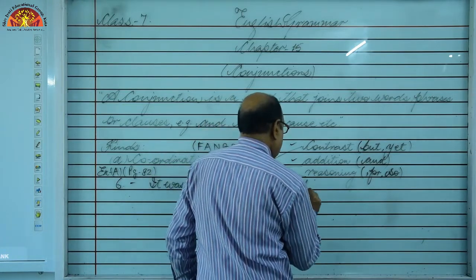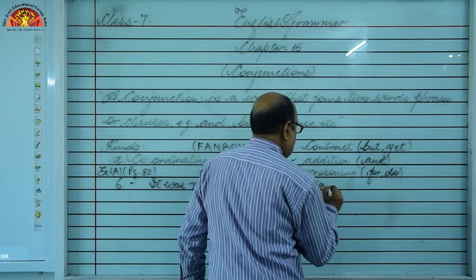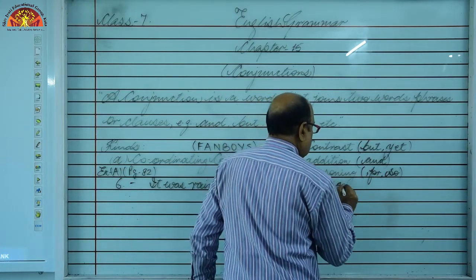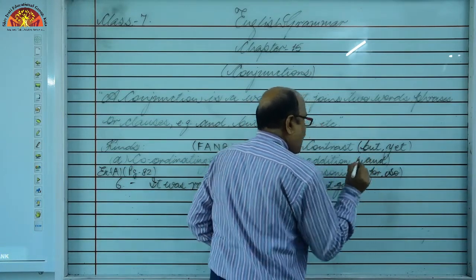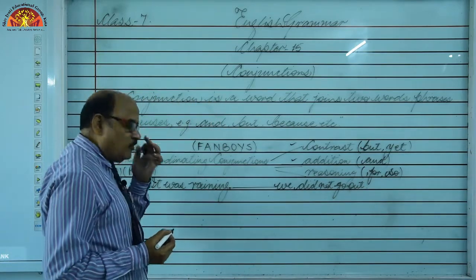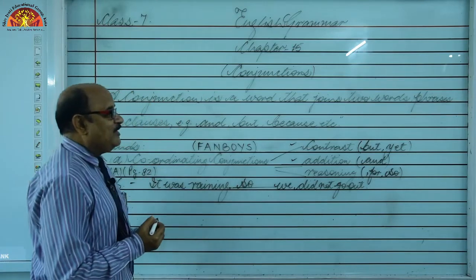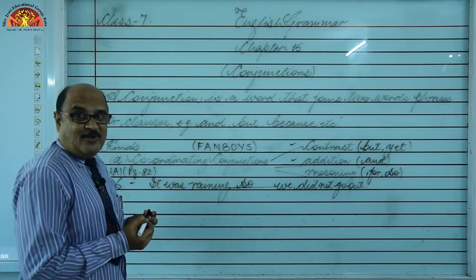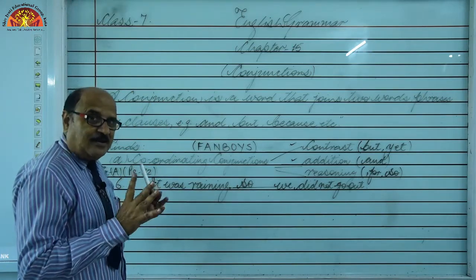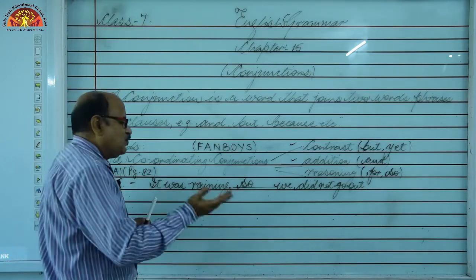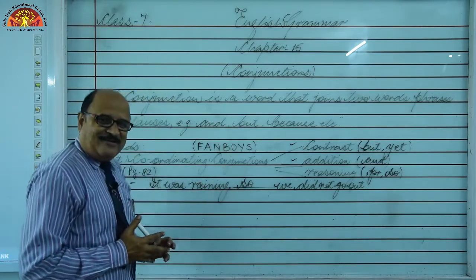We did not go out. So what do you think? Obviously so can be there, right? So we did not go out, right? That's why we did not go out in this way. So this is coordinating conjunction.